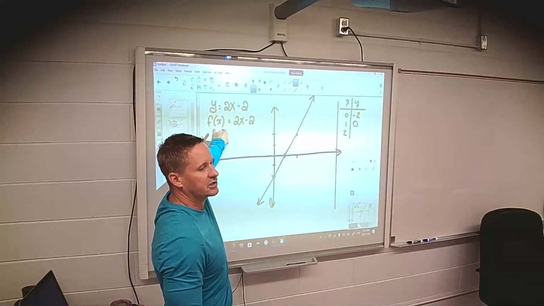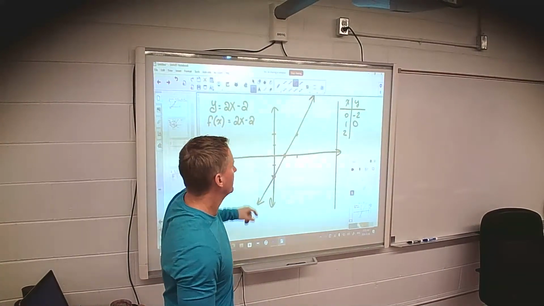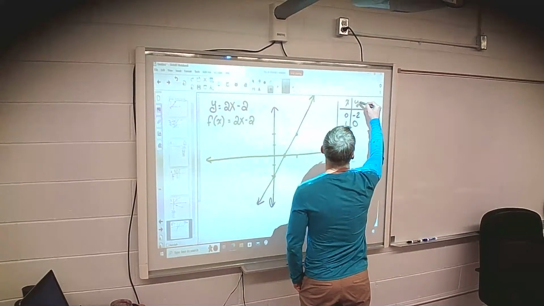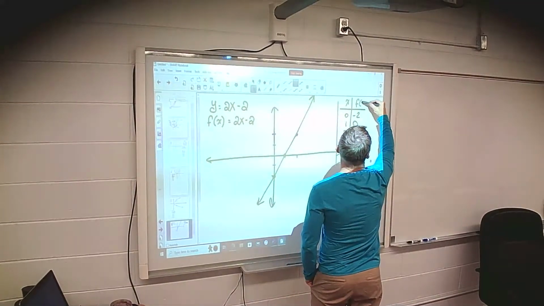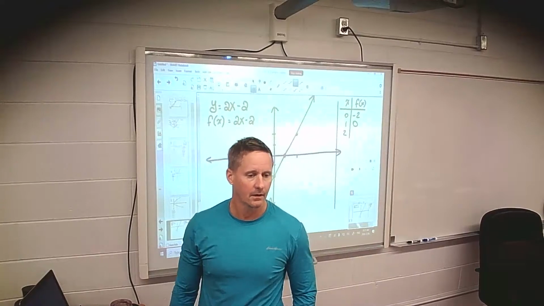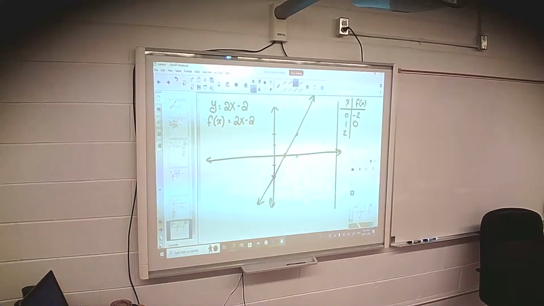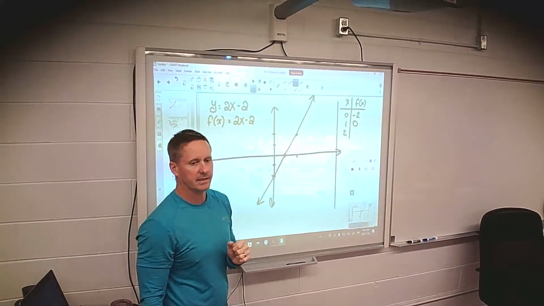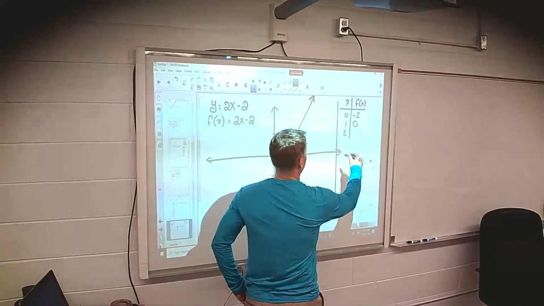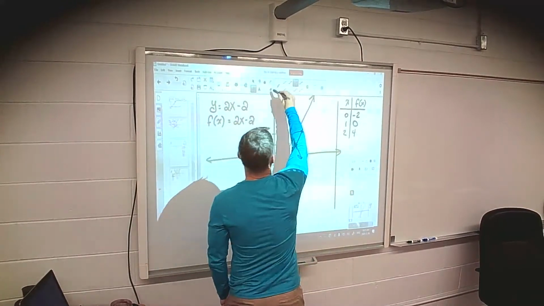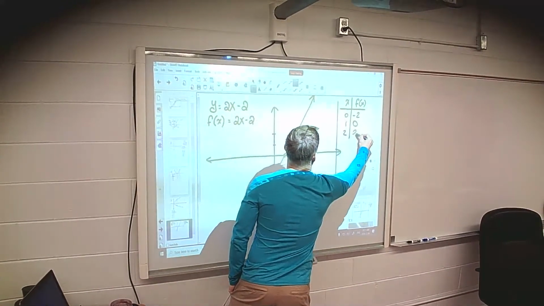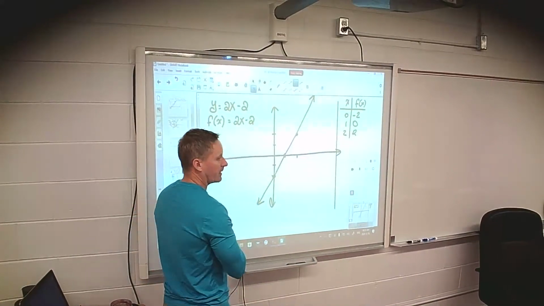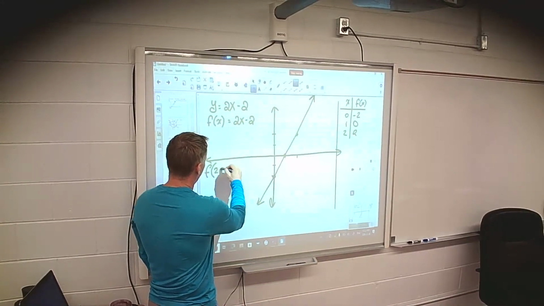Once you see that, understand that that is just y. So instead of writing y up here, I'm going to change that and put f of x in here. Now, the x part of this is what we call the input. The f of x part is the output. So we put it into the function for x, and we output what f of x is. So for example, f of 2.